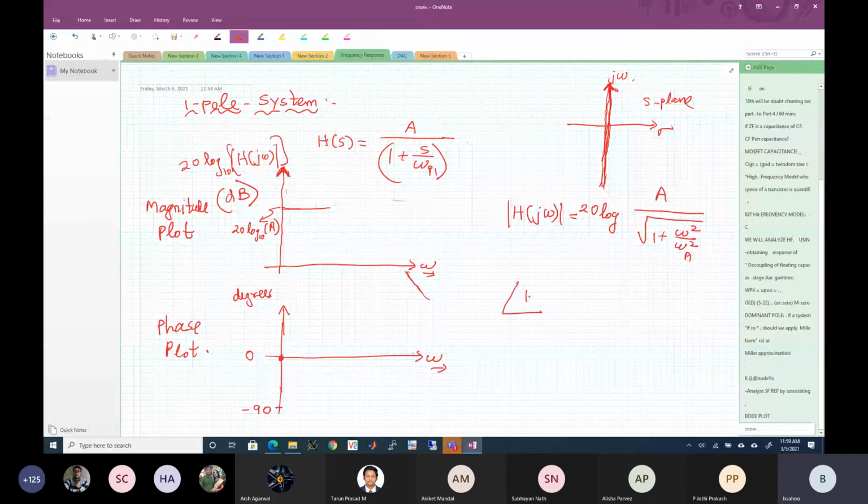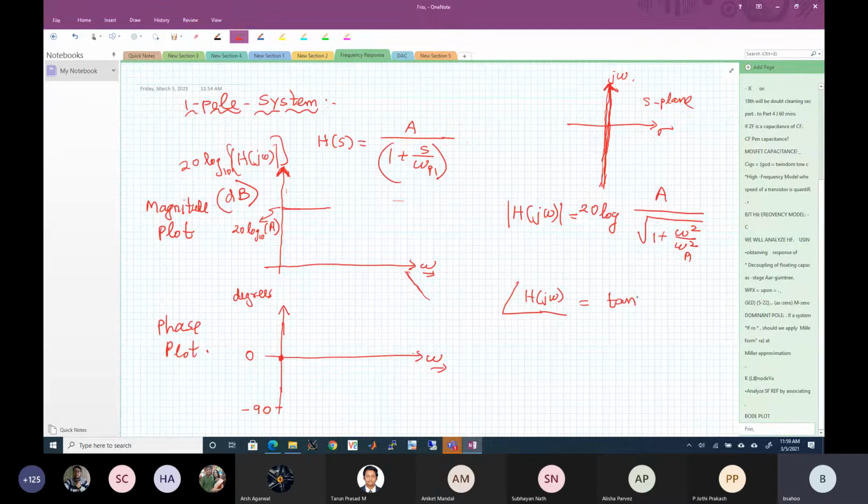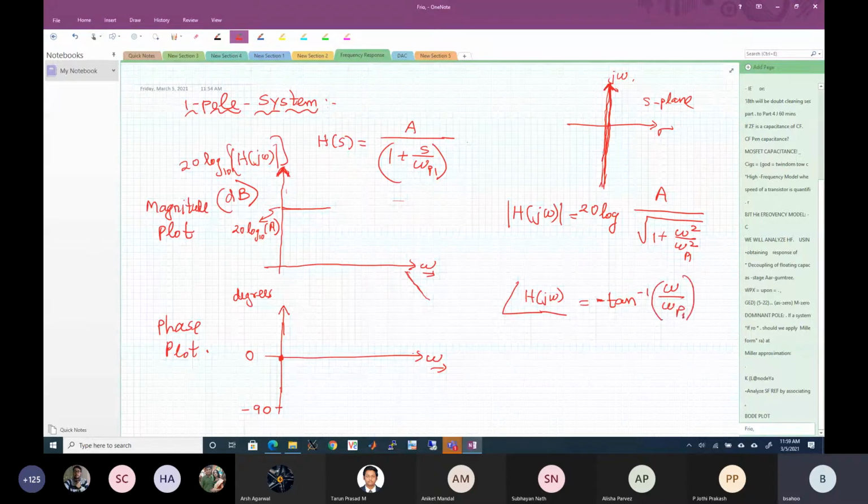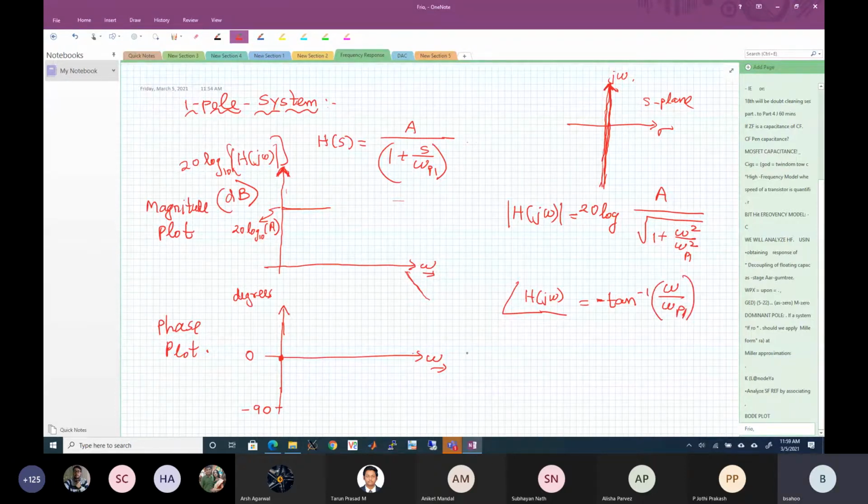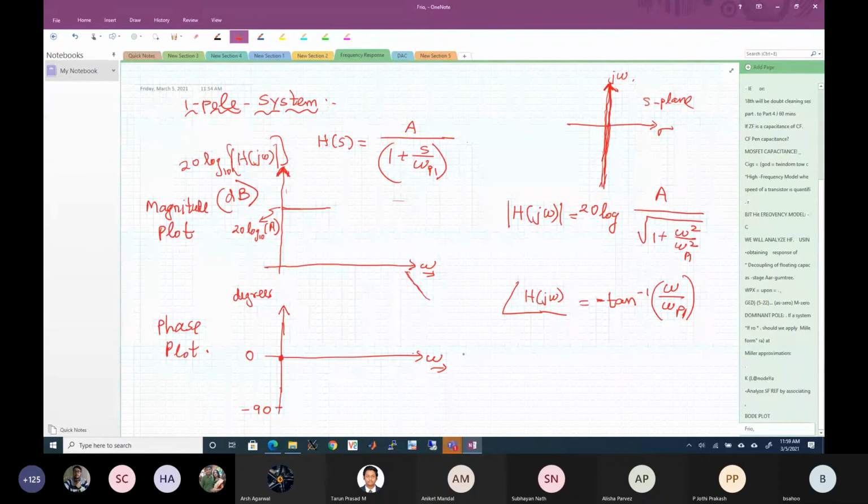And the phase of H of j omega is equal to minus tan inverse of omega by omega p. Am I clear? Okay, so this is the phase. The negative sign comes because it is in the denominator.